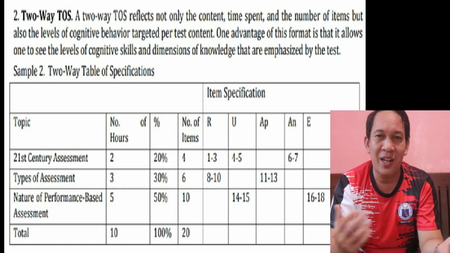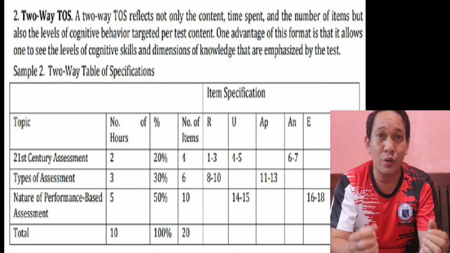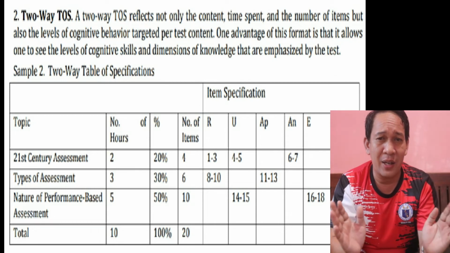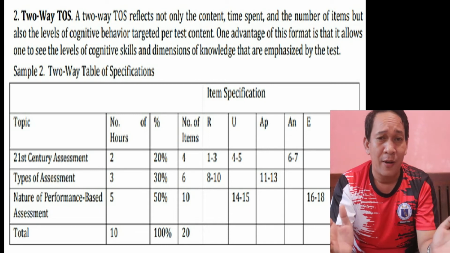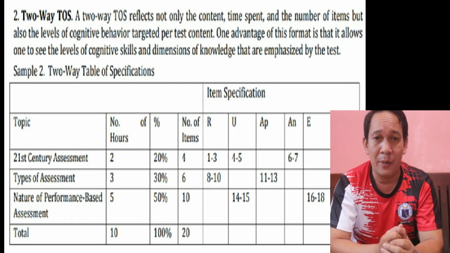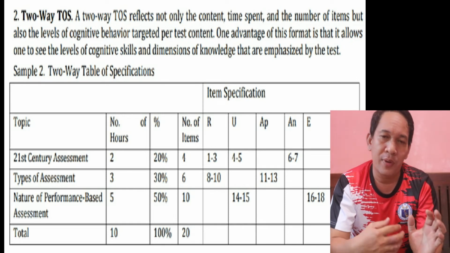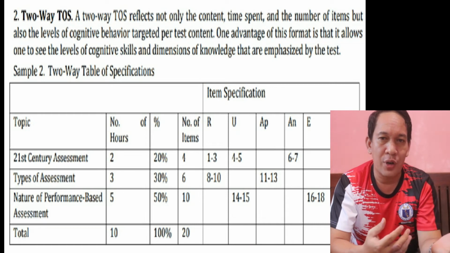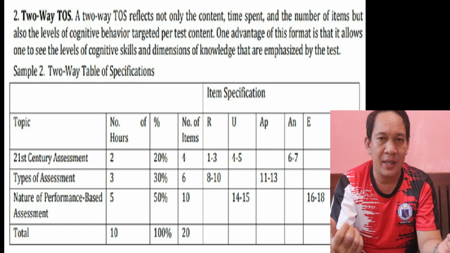Anyway, there will be another discussion as we go along on developing assessment, on how to create test questions, so we can have a clarification or a vivid discussion regarding these matters. But for this time, R is for remembering, U is for understanding, Ap is for apply, An is for analyze, E for evaluate, and C for create.